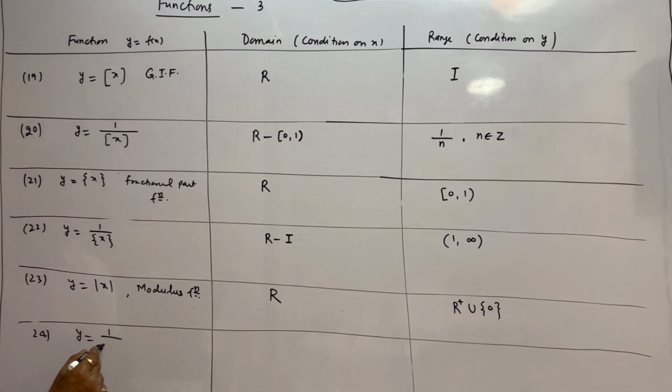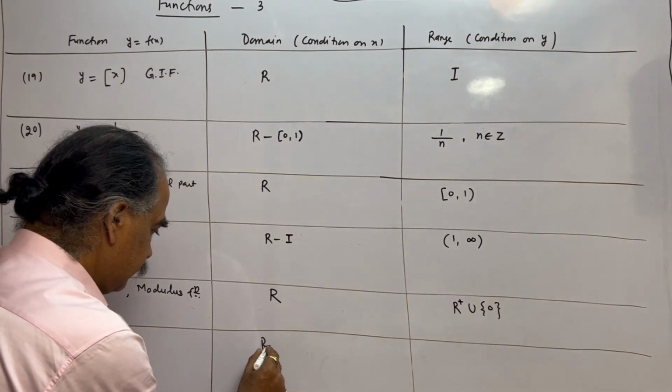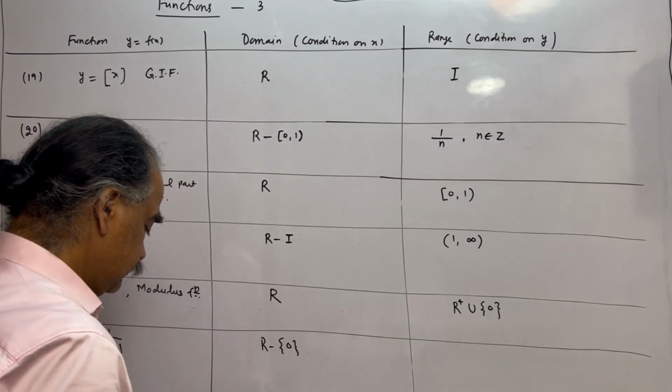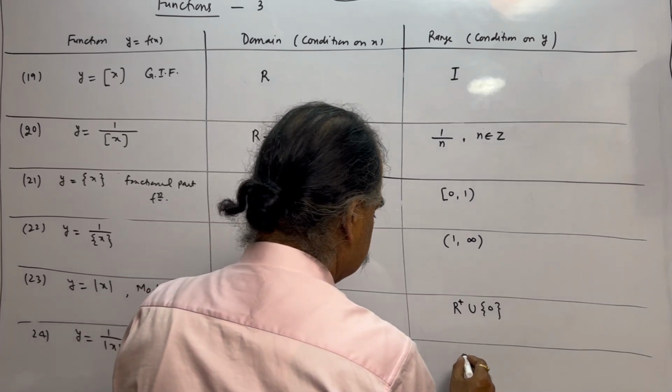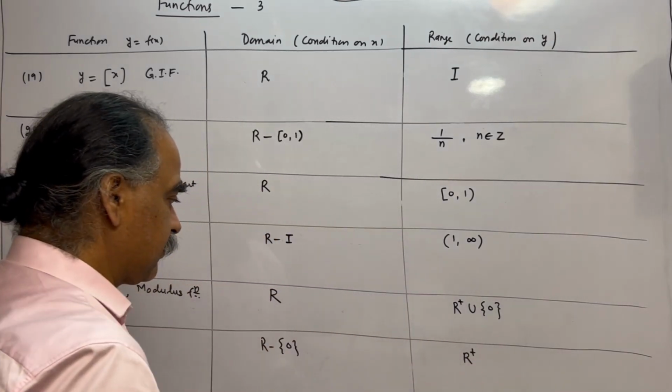Y is equal to 1 upon mod x. Domain is what? R minus singleton 0. And range will be R plus.